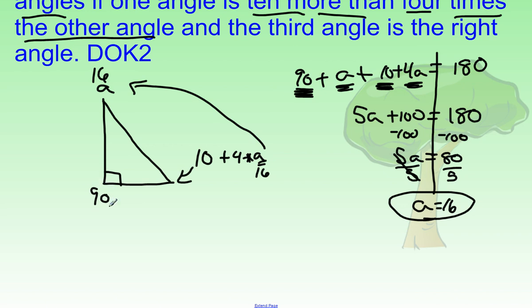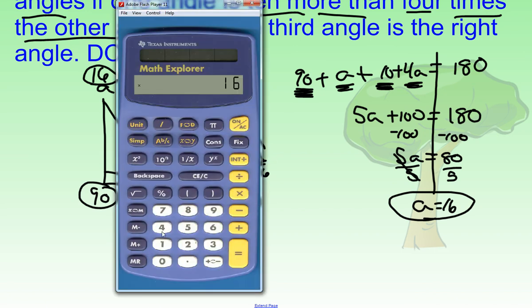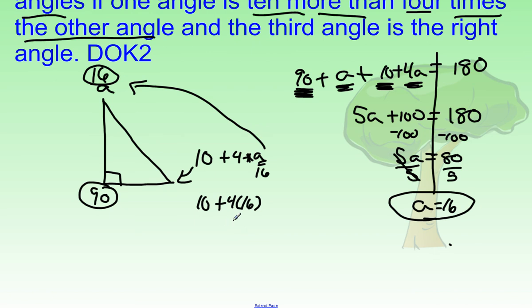I know this guy is 90, this guy is 16, and if I do the math here, I'll know how big this angle is. So let's see. 10 more than 4 times 16. Well, 4 times 16, I believe, is 64. So 64 plus 10 is 74. So my belief is that we have a 90, 16, 74 triangle.